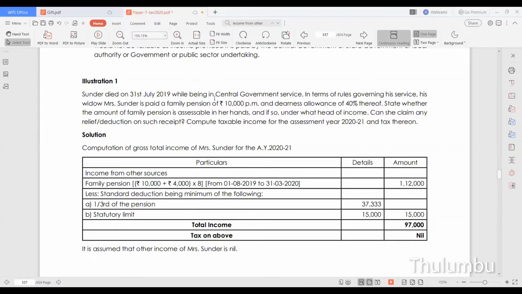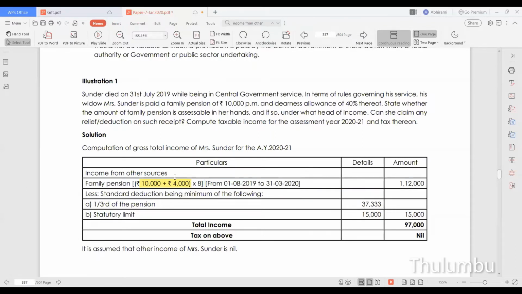First, who is receiving? Sundar is the central government employee, but his wife is receiving. The amount received is 10,000 per month plus dearness allowance of 4,000. So 14,000 into 8 months, from August to 31st March.